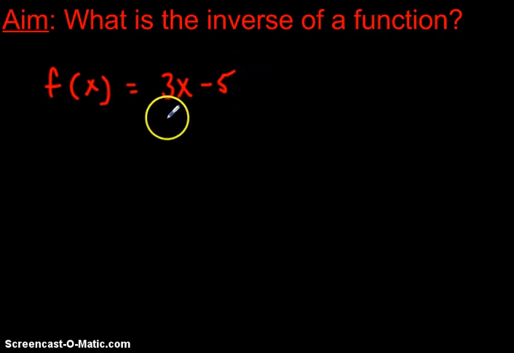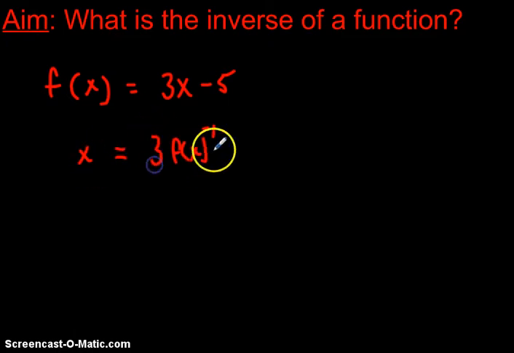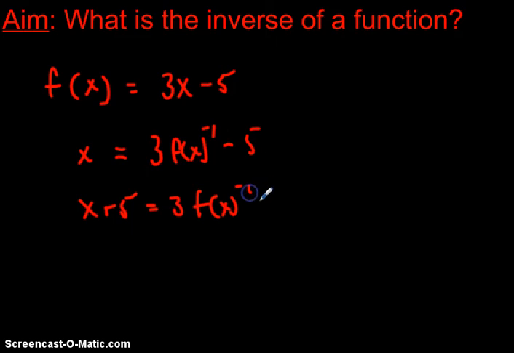Alright, to find the inverse, we make this f of x inverse and this into x, because they're going to send each other to each other. So the values we plug in for here should bring us to this. To simplify that, it's x plus 5. Alright, divide both sides by 3.